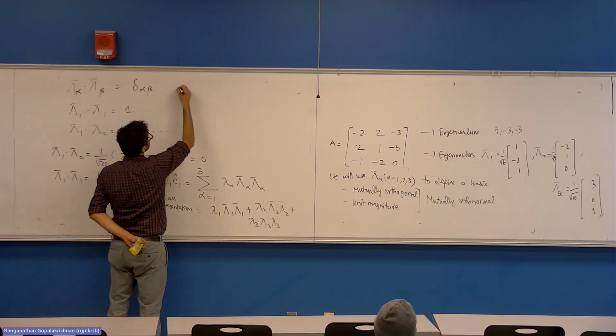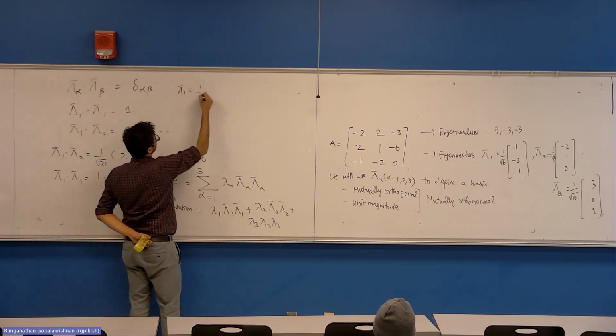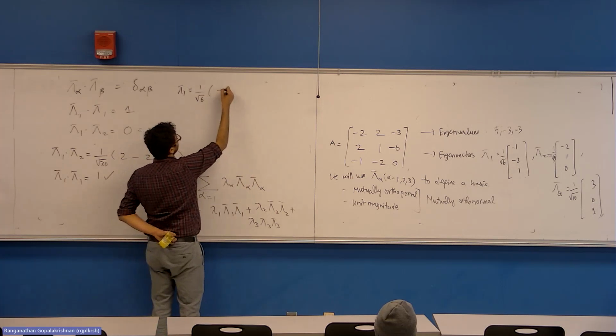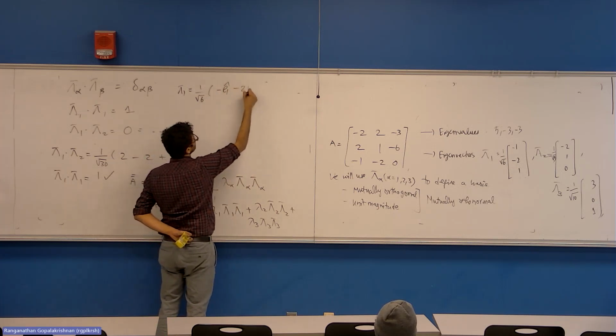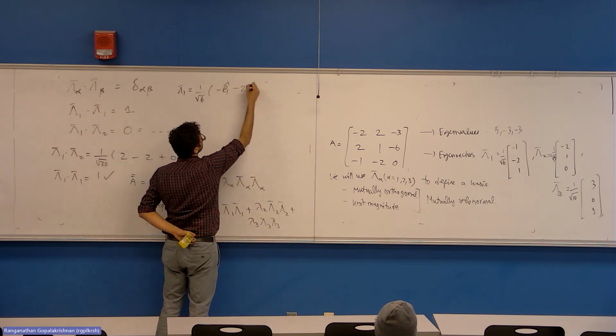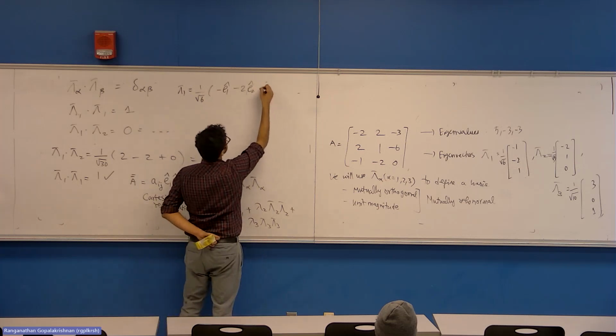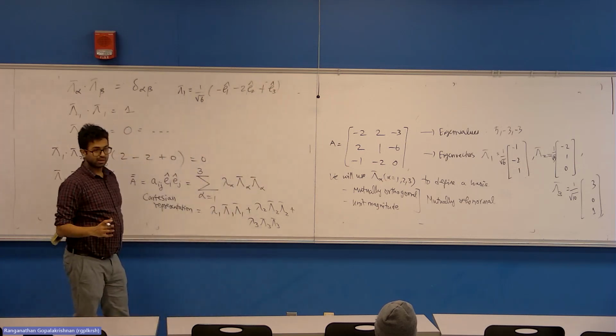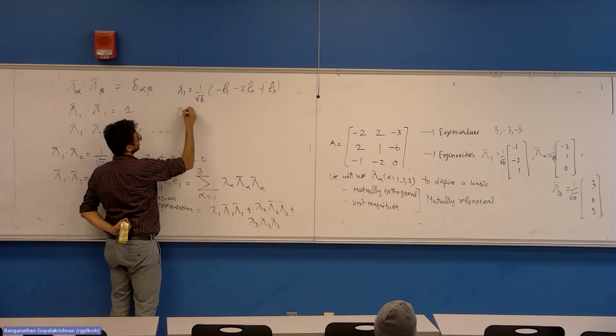What is gamma 1? 1 over square root of 6 times (minus e1 minus 2 e2 plus e3), right? And what is gamma 1 gamma 1?